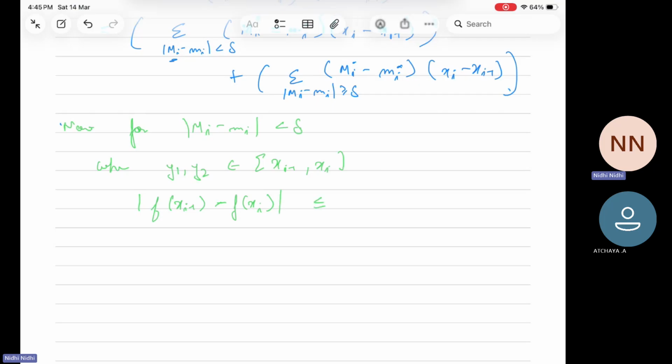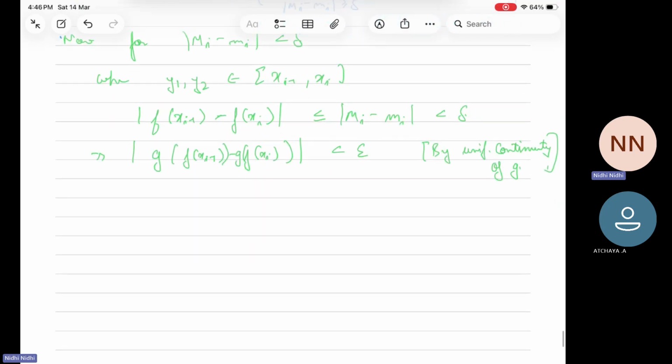Obviously the difference between two points will be less than or equal to the difference between the maximum and the minimum. So this will be less than or equal to Mi minus mi, which is strictly less than delta. Now since the difference is less than delta, by uniform continuity of g, this will give us that the difference of g values is less than epsilon.